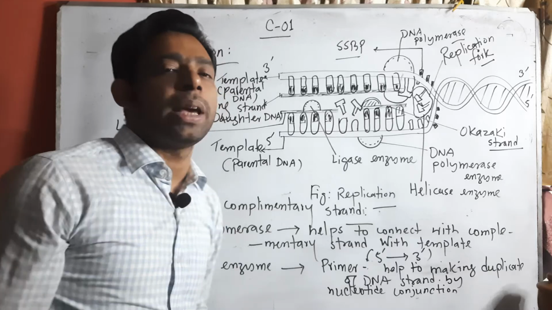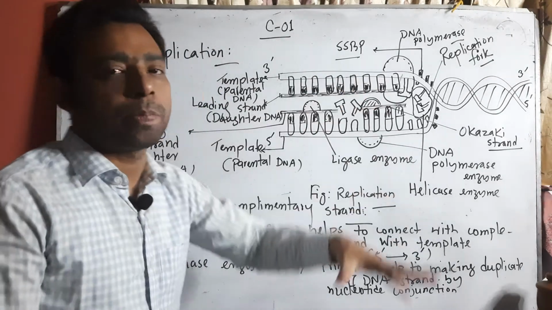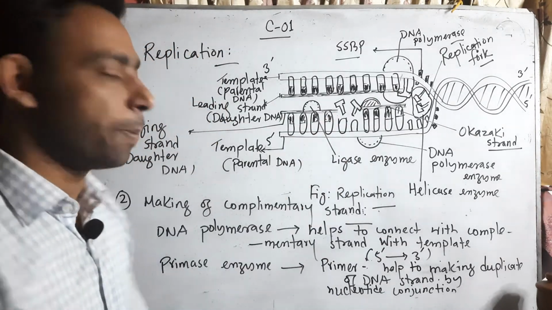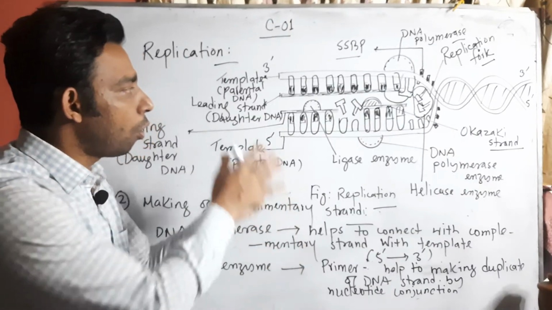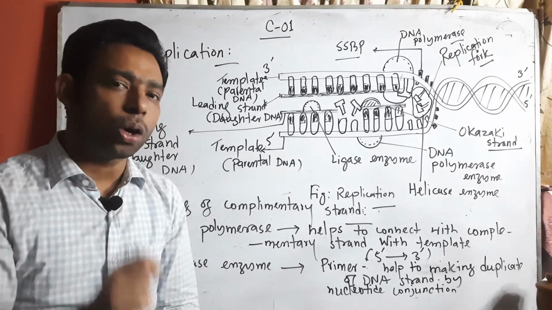DNA polymerase enzyme separates them from there, and in this way makes the 100% DNA based complementary strand in DNA replication. So the second one is also getting that specific point of the DNA replication process. I hope you got those points.